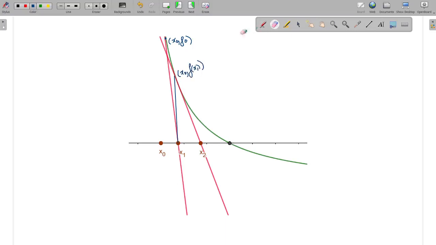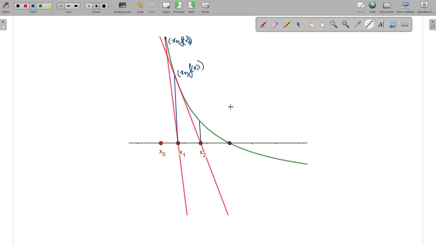Then we look at the tangent at this point, and where it hits the x-axis is my x2. From x2 again we are going to do the same thing. We will find the point x2 comma f of x2, and we will find the tangent to that point.